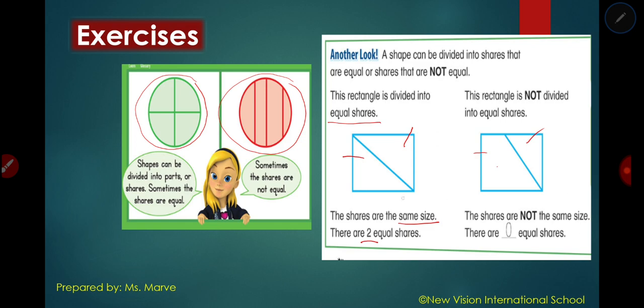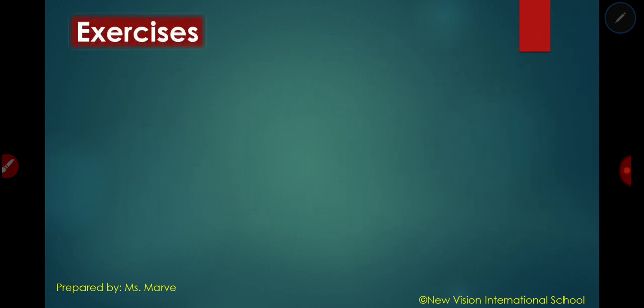Unlike the first example, which shows equality, this example shows inequality. So we can read this one as not equal. Therefore, the shapes are not equal because the sizes are not equal. And it has 0 equal shares or 0 equal parts. Did you get this example? Good job. Okay, let's go to another example.